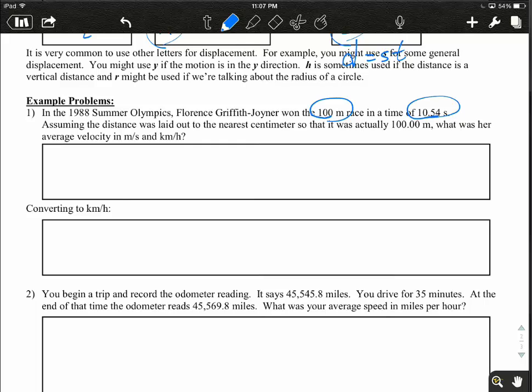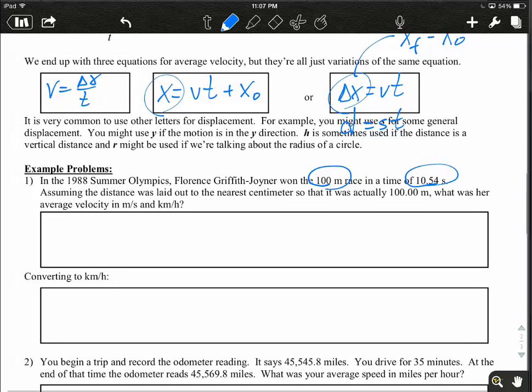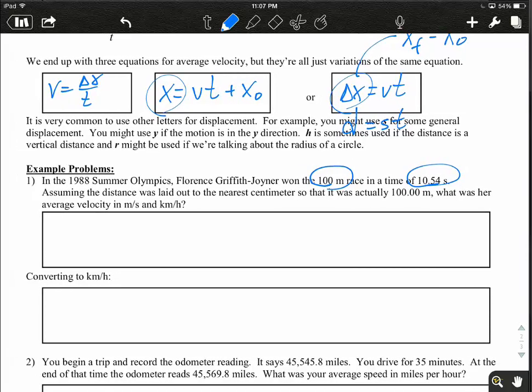Okay, looking at the equation, whenever you are going to do anything in the class, you always need to write out the equation first without any numbers. They give you points for that on the AP test. So we have v equals delta x over t. Then we can just plug in our numbers. That's considered showing our work. Remember, it's a 100-meter race, and you don't have to write in the units, but it was in 10.54 seconds.